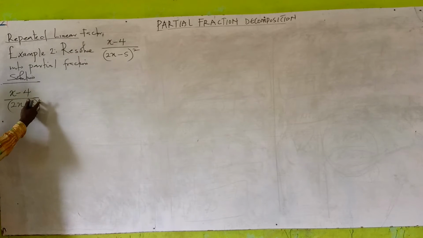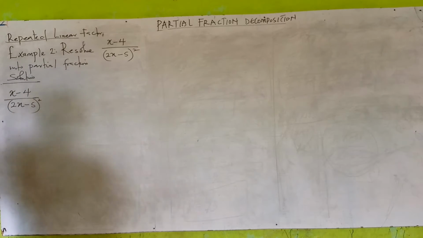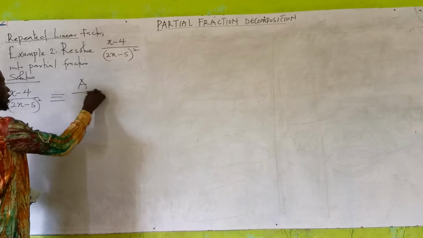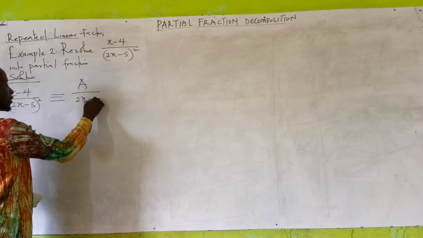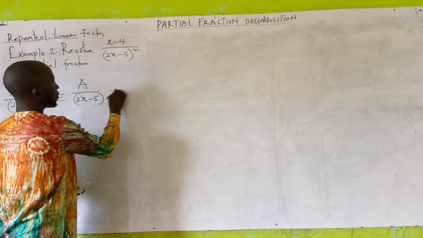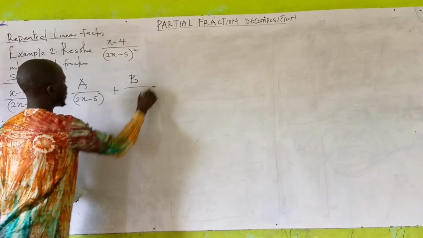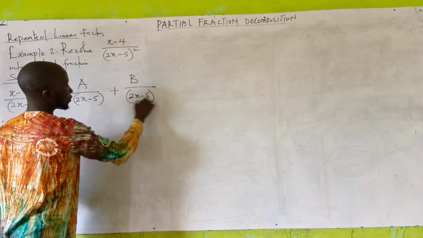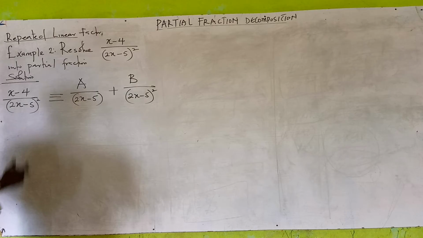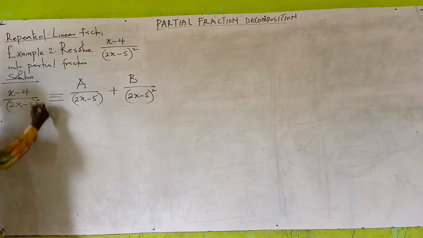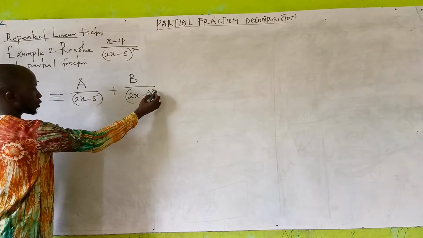Because we have a power that is more than 1. Then this is equivalent to A divided by 2x minus 5 raised to the power 1, plus B divided by 2x minus 5 raised to the power 2. The last one is raised to the power 2, and that's why we have to solve raised to the power 2.